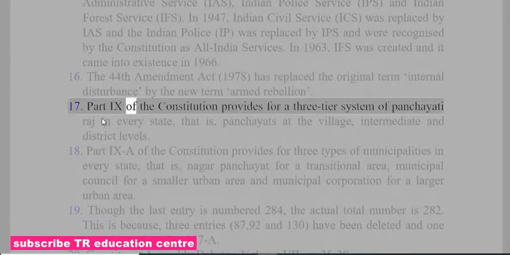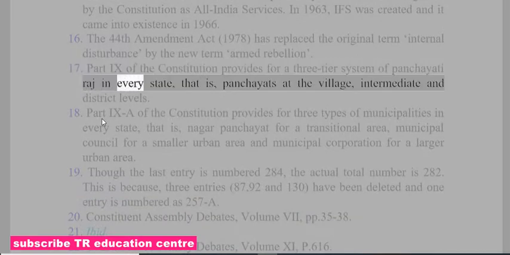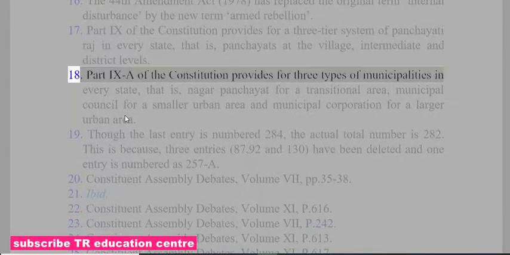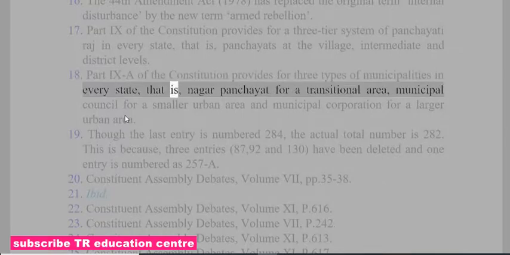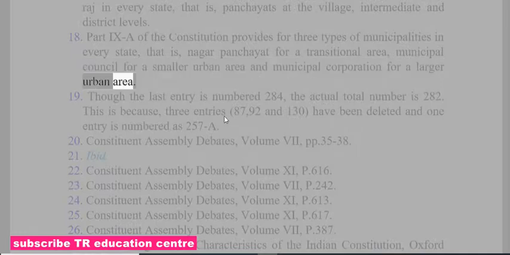17. Part 9 of the Constitution provides for a 3-tier system of Panchayati Raj in every state, that is, Panchayats at the village, intermediate and district levels. 18. Part 9A of the Constitution provides for 3 types of municipalities in every state, that is, Nagar Panchayat for a transitional area, Municipal Council for a smaller urban area and Municipal Corporation for a larger urban area. 19.